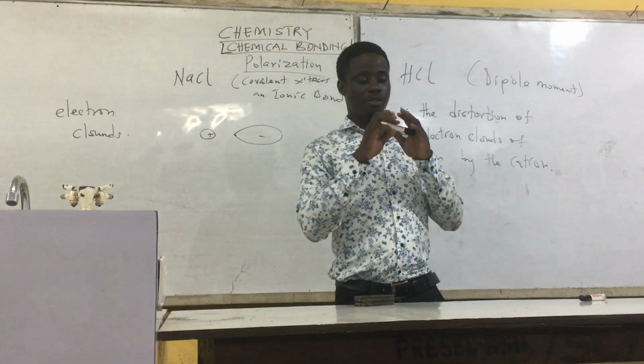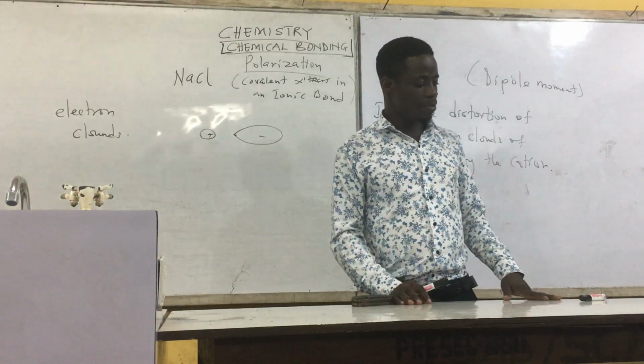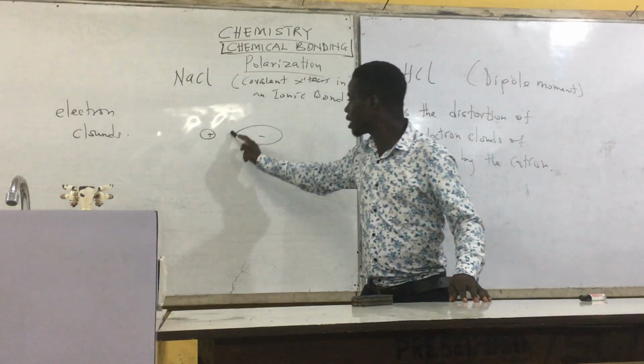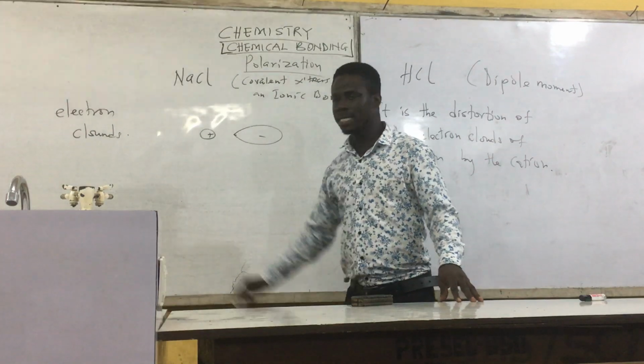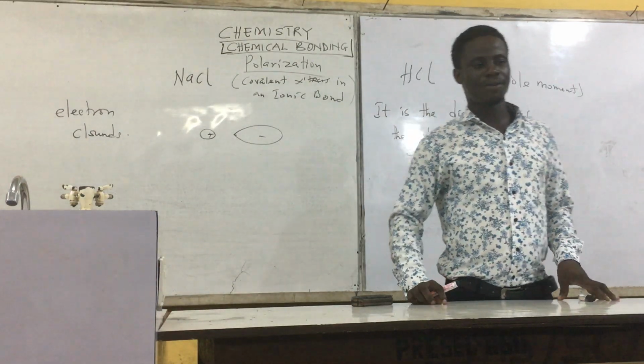If you are asked to define polarization, you can put it in that very simple context. So who is doing the distortion? The distortion is being done by the cation.